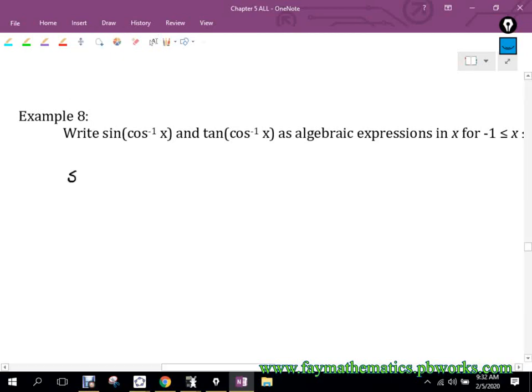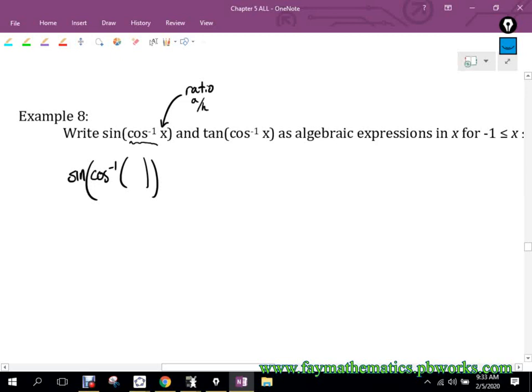Okay, I'm going to write sine of cosine inverse of x. This is where I'm going to pause and think about what that x represents. Remember, it's the input of the arc cosine, or the cosine inverse. And the input on your inverse function is always a what? It's the side length. It's a ratio. So here it's a ratio, adjacent divided by hypotenuse again, right?